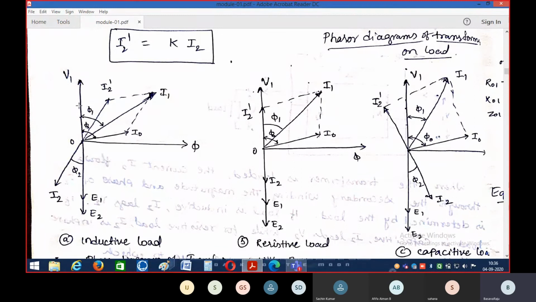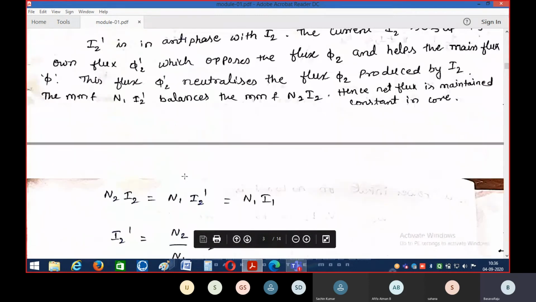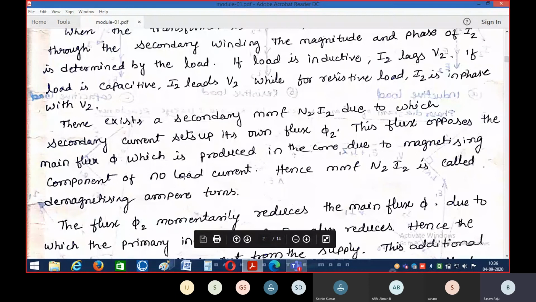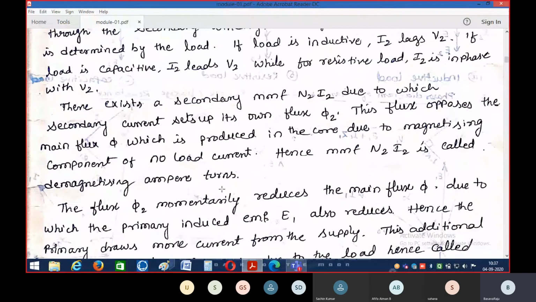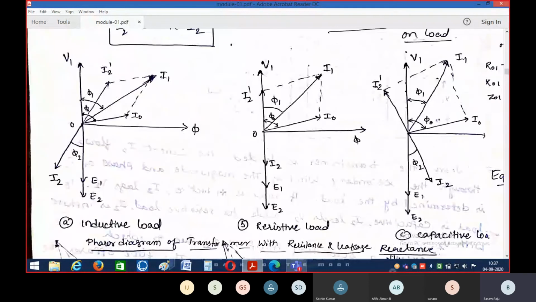That's why both E1 and E2 are in the exact opposite direction to V1, at 180 degrees. I represented E2 with more magnitude compared with E1. If you go through this circuit diagram, it will be very clear: I am considering that E2 has more turns, and that is why I represented E2 with the greater magnitude compared with E1.